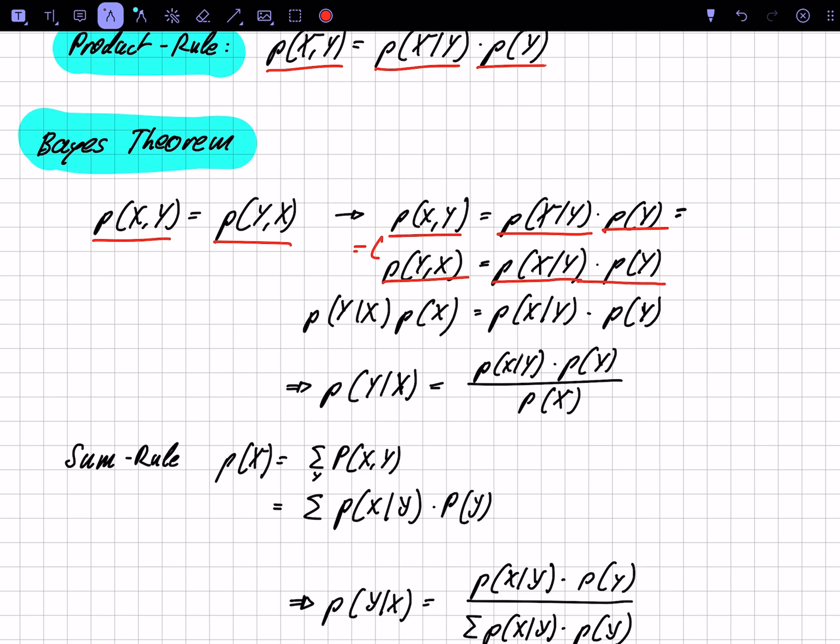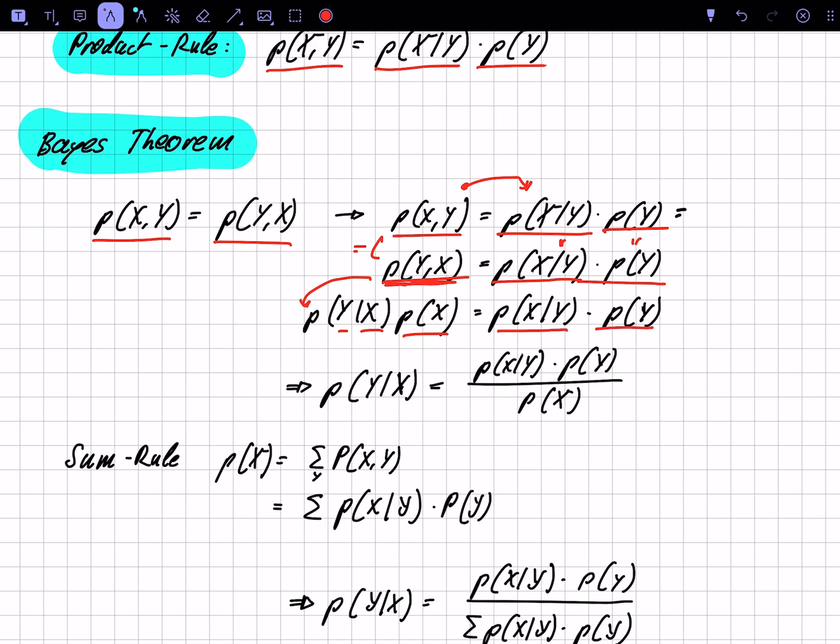It's basically the same as here, and we can rewrite this one the same way we split up this probability.